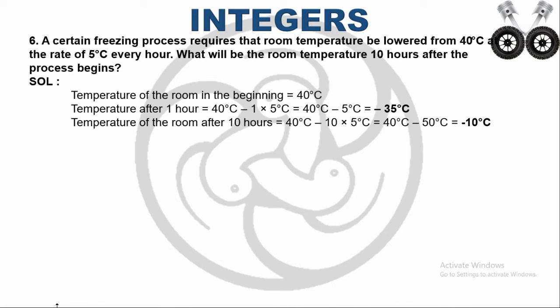What is the question asked here? After 10 hours, what is the temperature of the room? What is the initial temperature? It is 40 degrees Celsius, given in the problem. After 1 hour the temperature will decrease, so I have to subtract. 40 degrees Celsius minus 5 degrees Celsius is 35 degrees Celsius, and since it is lowered, we put the negative sign.